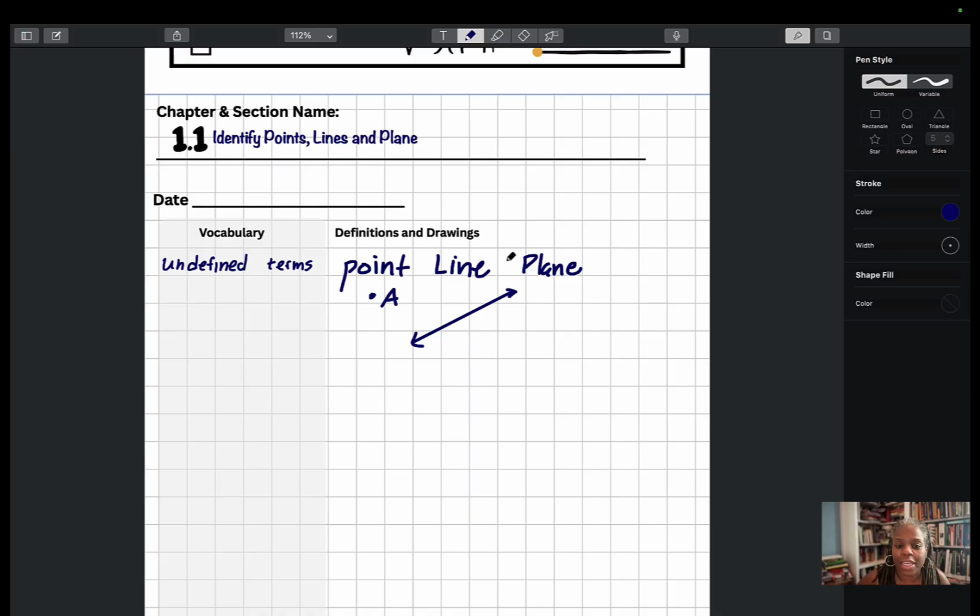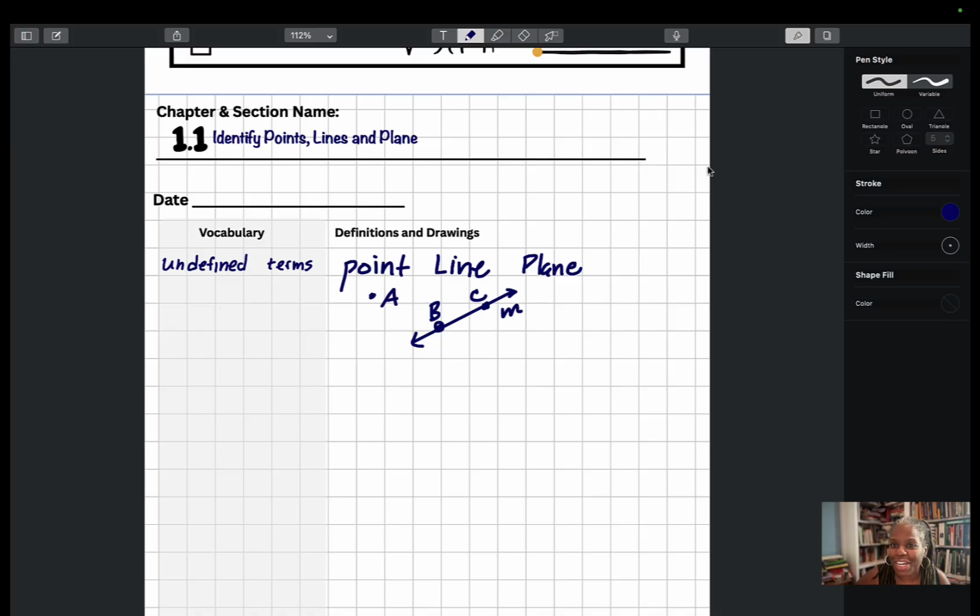Oftentimes, the line is named by a lowercase letter. In this case, I'm using lowercase m, or sometimes we use 2 points on the line to name it. So this line is, let's say, line BC, or I could call it line m. That's 2 ways to name that line. Remember, these are called undefined terms because it's really hard to define it. A line has no thickness, right?